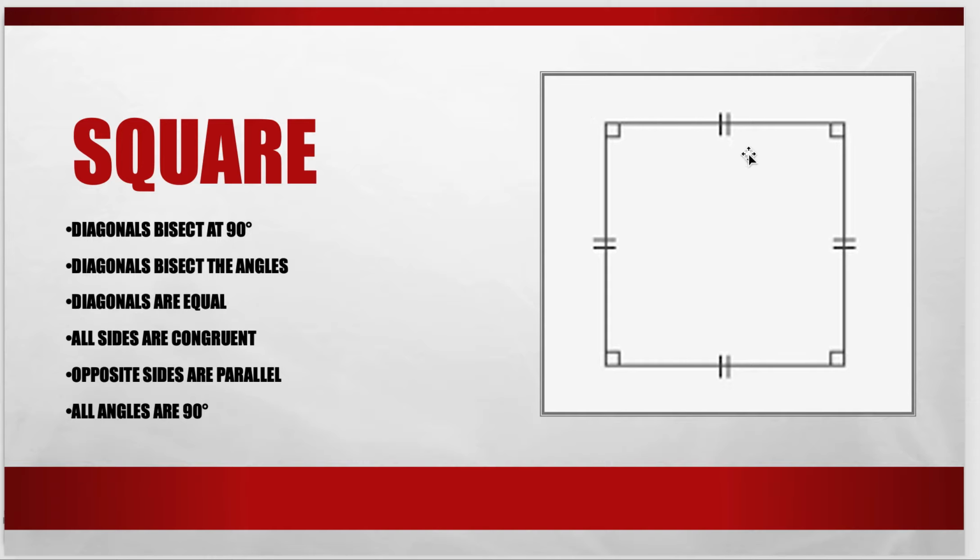So the top line is parallel to the bottom line, and then the right line is parallel to the left. And then all sides are also congruent. Each side is the exact same as the other. And all angles are 90. Did that. So those are the properties of the square.